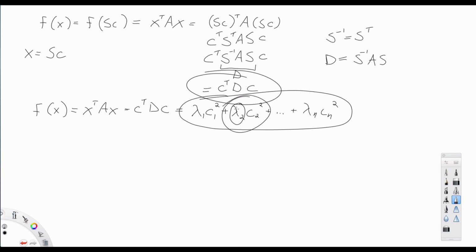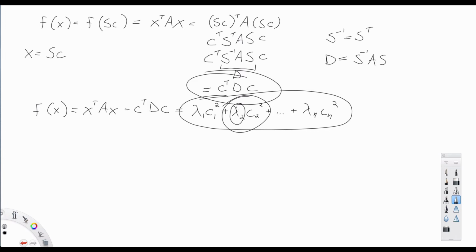A way of thinking about this geometrically is that for eigenvector directions where the corresponding eigenvalue is large, moving in that eigenvector direction, we're going to have a very steep change in f of x. We're either going to have a very rapid increase or a very rapid decrease.